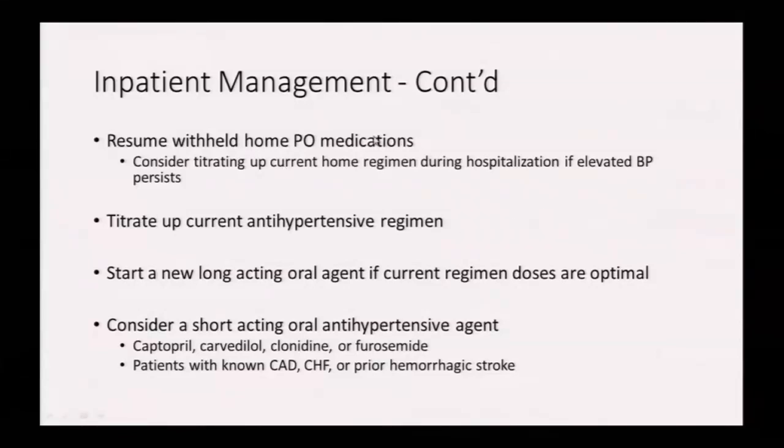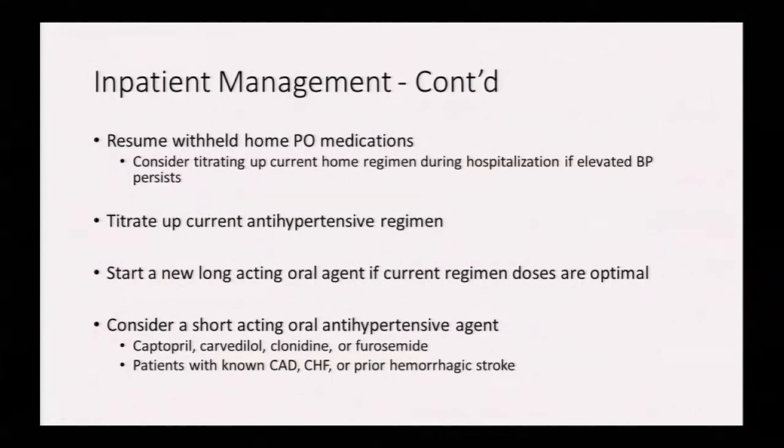Now, if they are already on a blood pressure regimen, then another thing you could do is titrate up their antihypertensive regimen that they already have. If they are already at optimal doses, or if they are not on any antihypertensive medications at home or even in the hospital, then consider starting a new long-acting oral agent that would be appropriate for them based on their medical issues and things like that.